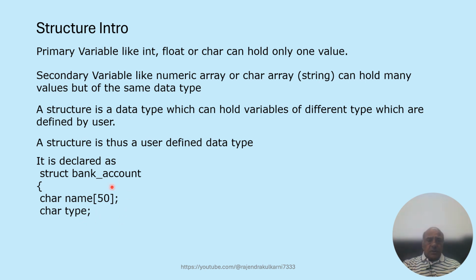Suppose we want to say that this particular structure is used for a savings bank account, then type can be abbreviated to S. Float balance: how much is the balance amount available in that particular bank account.